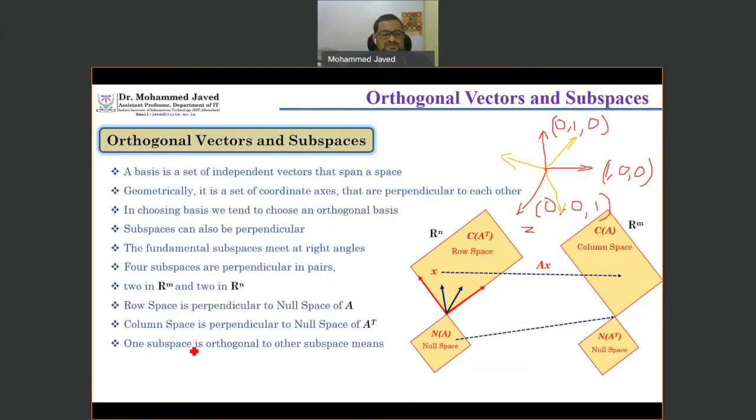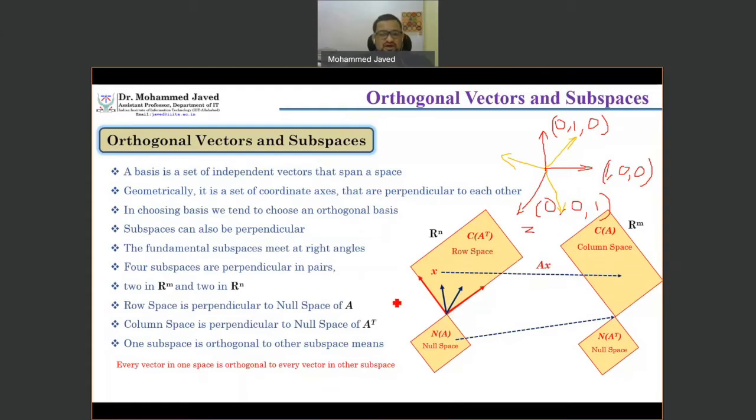And when one subspace is orthogonal to another subspace, it implies that every vector in one space is orthogonal to every vector in the other subspace. So if I choose any vector from here, it is natural that these two vectors will be orthogonal.